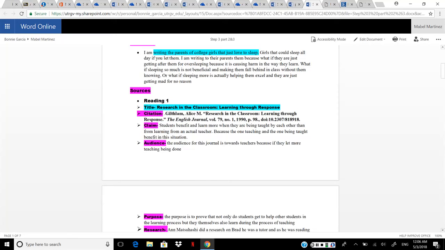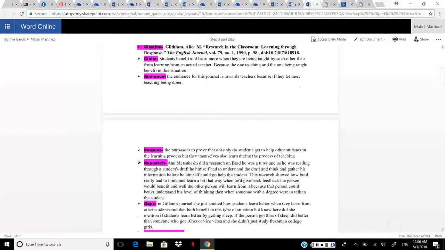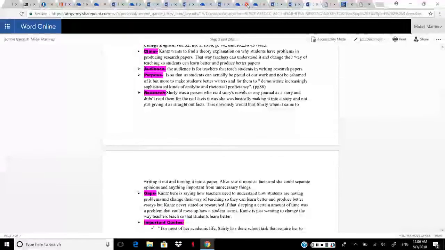Like last semester, you gave us the Gillum research as a source, and you gave us Kant's and Hassenflower and so many. So that's what I knew about sources. They're papers that your teacher or a professor gives to you that they want you to use in your research paper, your essay, etc.